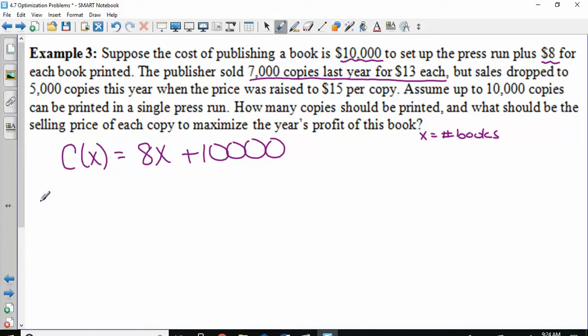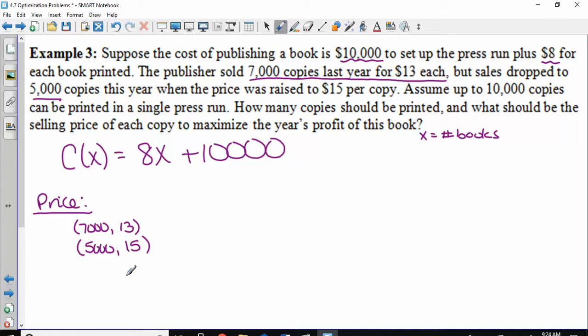So if I wanted to talk about the price, we could look at some ordered pairs. When I print 7,000 copies, so that would be my X, my price was $13. When I print 5,000 copies, my price was $15.